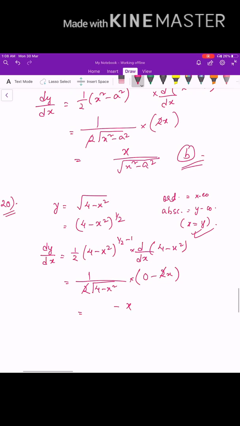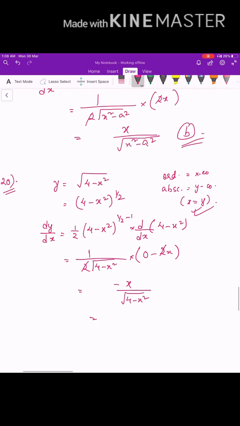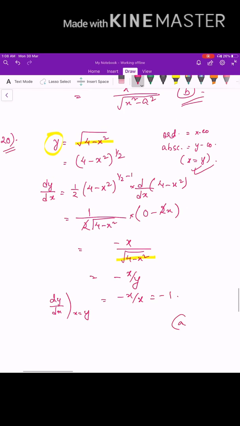So minus x by under root 4 minus x square. Now, what is this? Equal to y? Yes or no? So minus x by y. Now, dy by dx when x is equal to y, it is equal to minus 1, right?